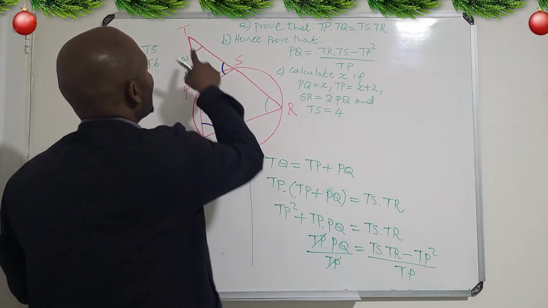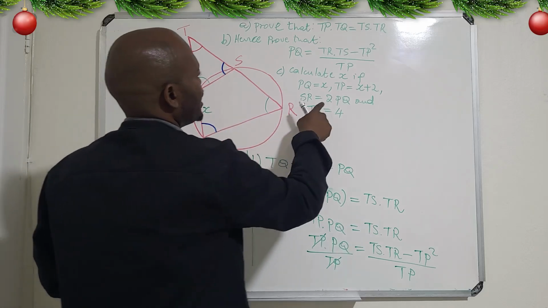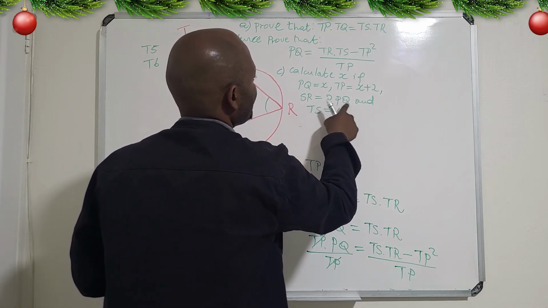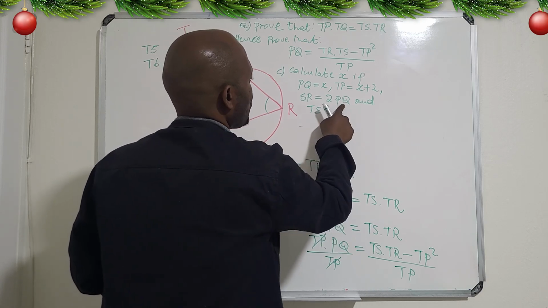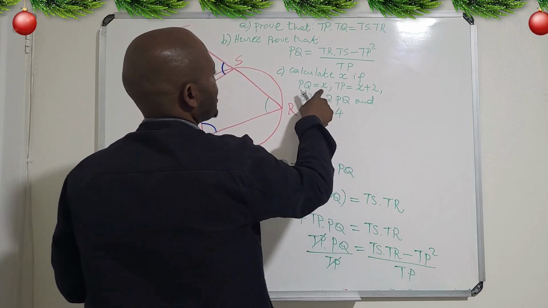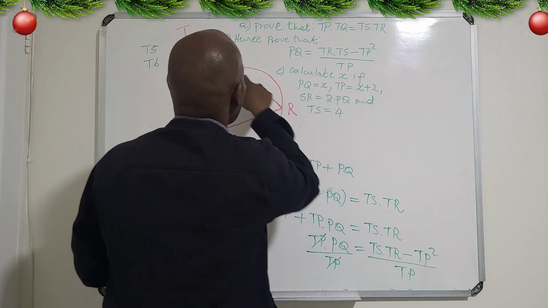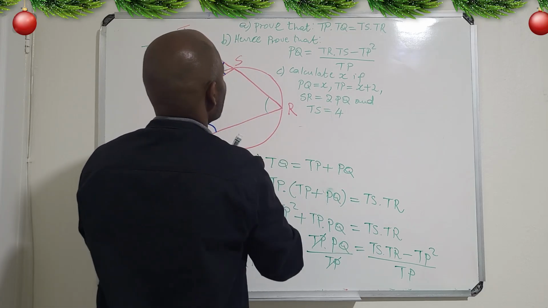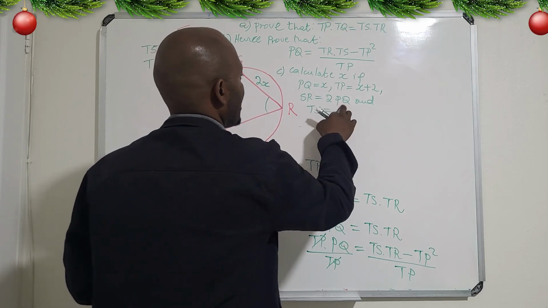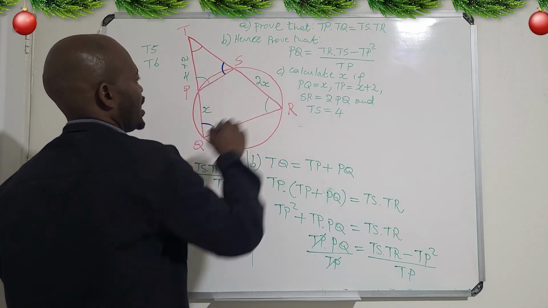SR is 2 times PQ. But we know what PQ is. PQ is X. Therefore, SR is 2 times X because it's 2 times PQ.